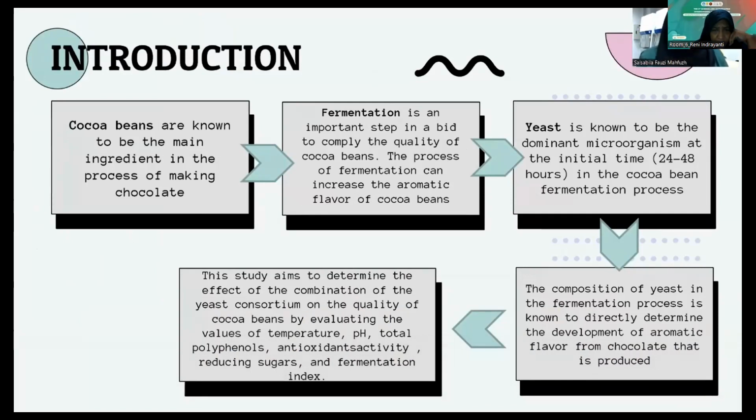However, cocoa beans in Indonesia are generally produced in the form of dry cocoa beans without a fermentation process, because the cocoa bean fermentation process takes quite a long time, and farmers in Indonesia do not want to do that.